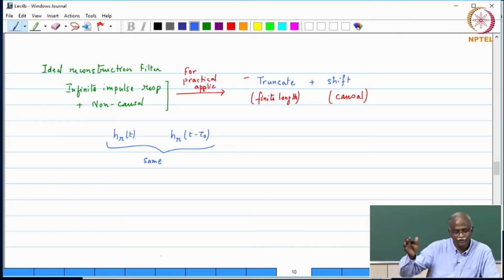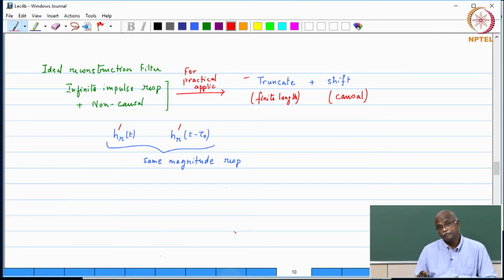When I take the magnitude, that goes away. Now, take it one step further: if I truncate and shift, again I do not change the magnitude response of the truncated filter. So, the shifting is not going to be an issue, it is a phase term which we need to take care of. What I need to worry about is the effect of truncation.